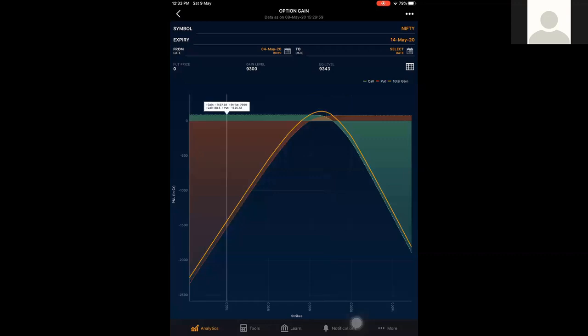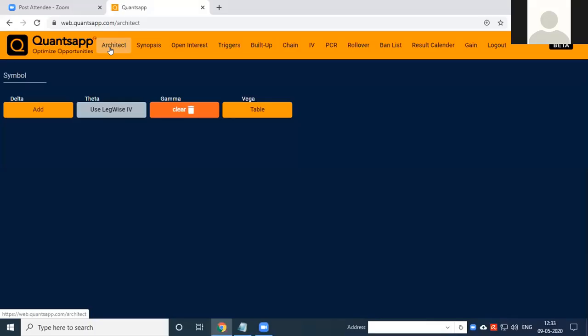Okay, so now let's move on to the architect. You have architect in the web app also, as well as in the mobile app.